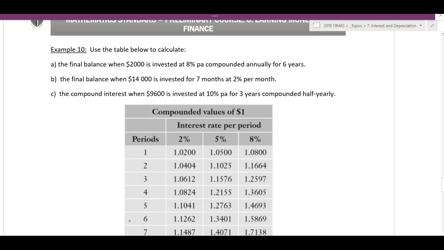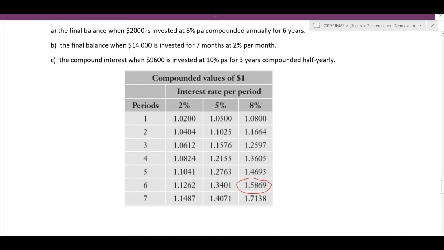That doesn't matter as long as this interest rate corresponds to the same length of time. So first of all, the final balance when 2,000 is invested at 8% per annum, compounded annually for 6 years. So 8%, 6 years. There's nothing complicating the matter there with months or something.